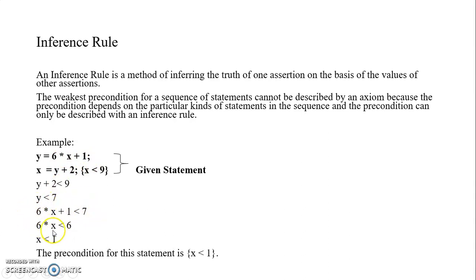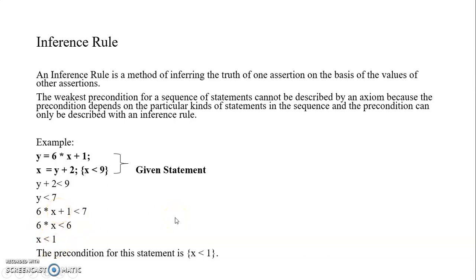And from this line we can compute the range of x. Because 1 is subtracted from 7 and we get 6. And now from this statement we can find the range: 6 divided by 6 becomes 1. So my range becomes x less than or equal to 1.